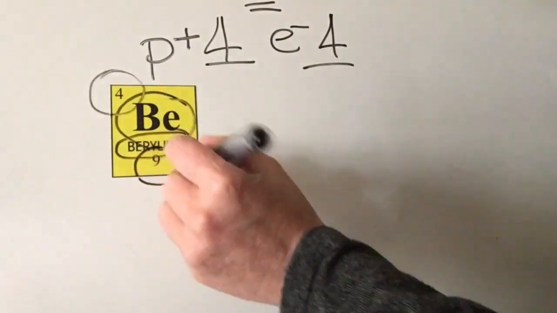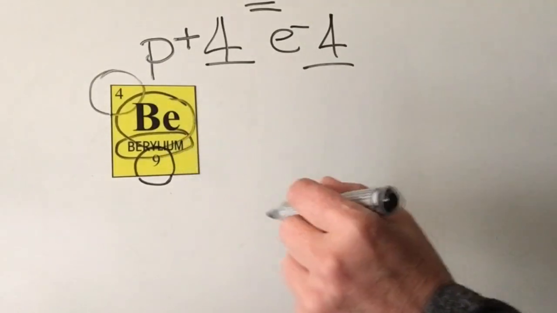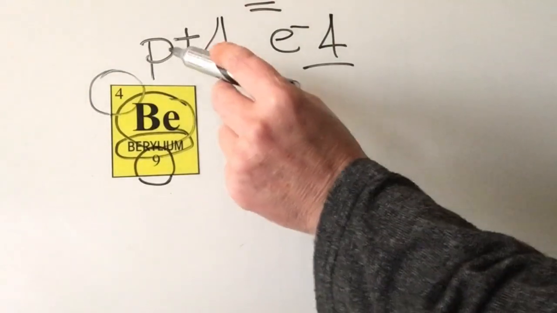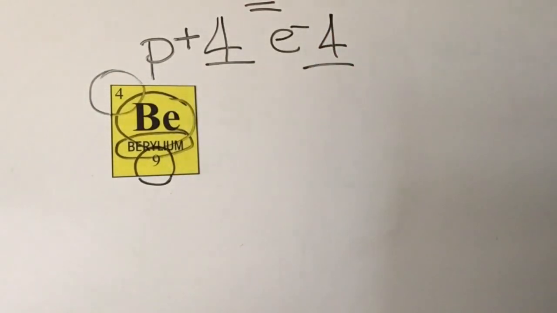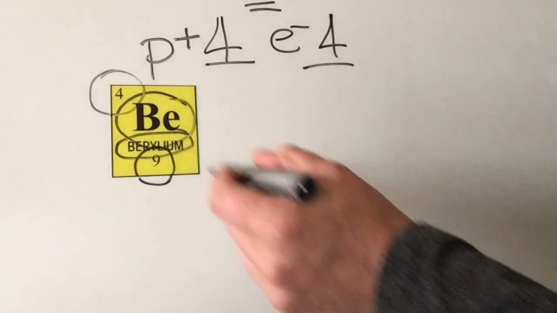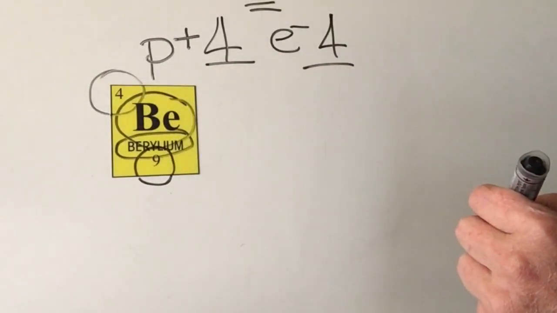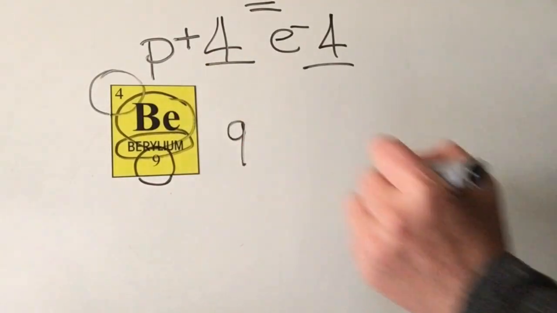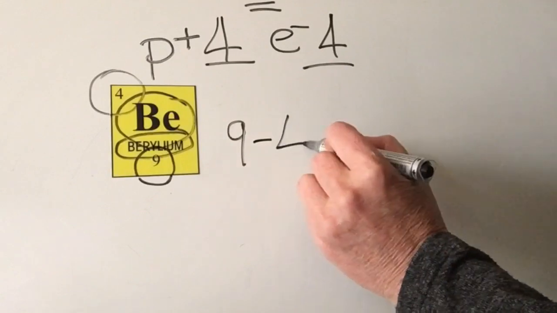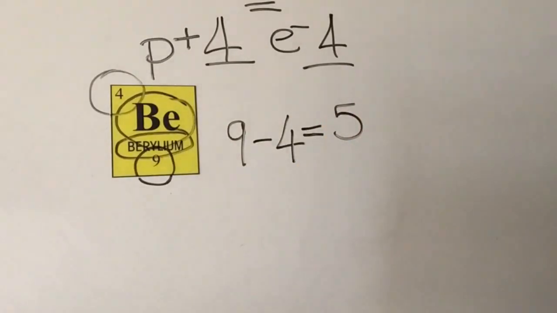So what then is this number? This here is the atomic weight of the element. So we know it has 4 protons, we know it has 4 electrons. Nowhere does it tell us how many neutrons it has. It's easy enough to work out. If its weight is 9, and we already know we have 4 protons, then all we have to do is take its atomic weight minus the amount of protons, and we will come up with the amount of neutrons.